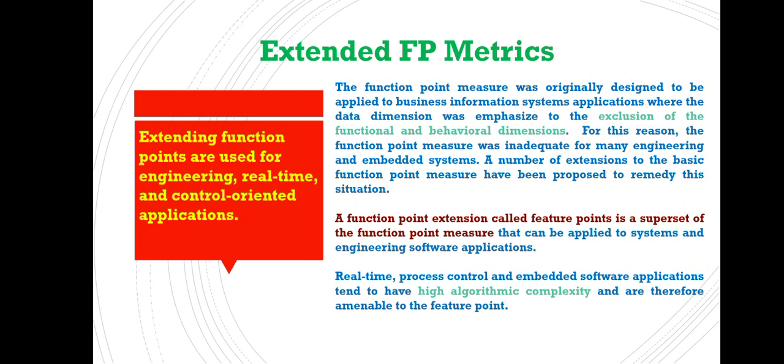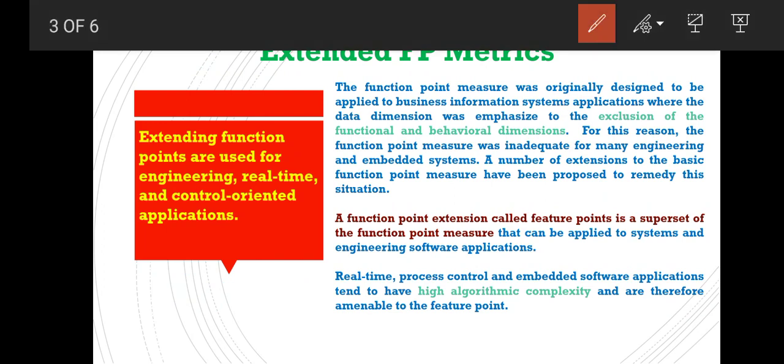The term amenable is used to mean easy to control. So you need to remember that the function point measure excludes functional and behavioral dimensions, and the extension of function point is feature point, which is a superset of the function point measure. We are achieving it in order to handle high algorithmic complexity.